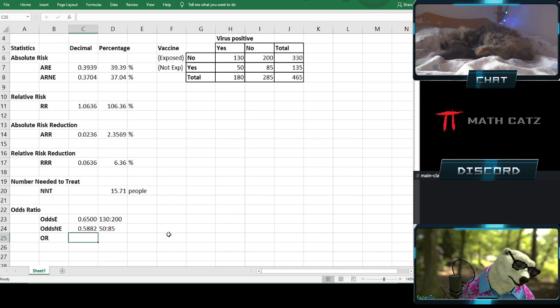which will then be simply the odds of exposed, or the big one, divided by the small one in the same way the relative risk did it, divided by the odds of not being exposed to the risk, receiving the vaccine, 1.10.